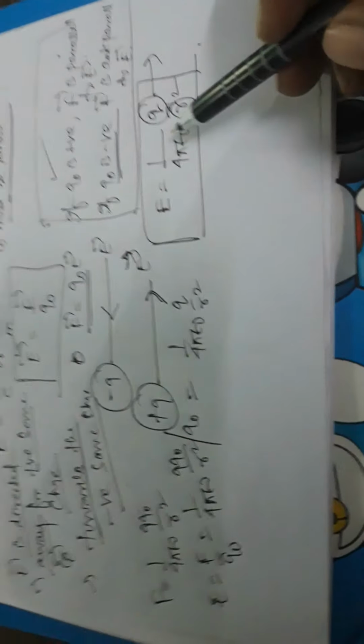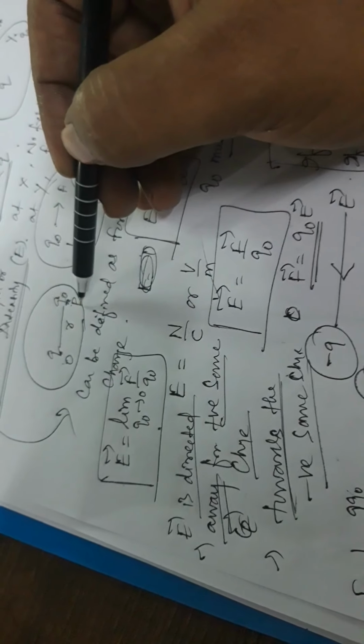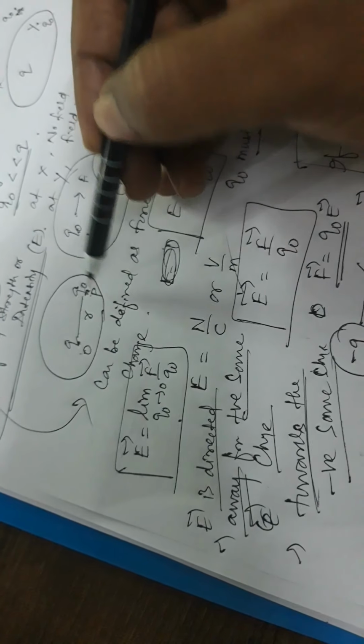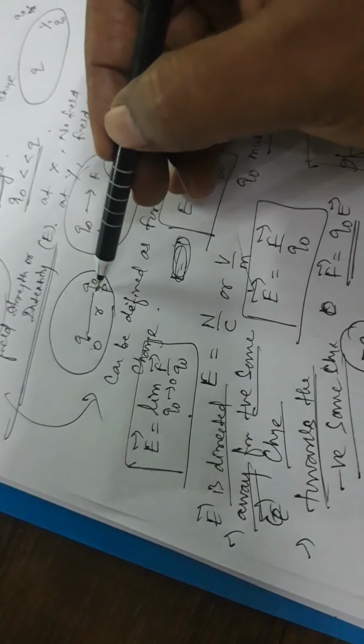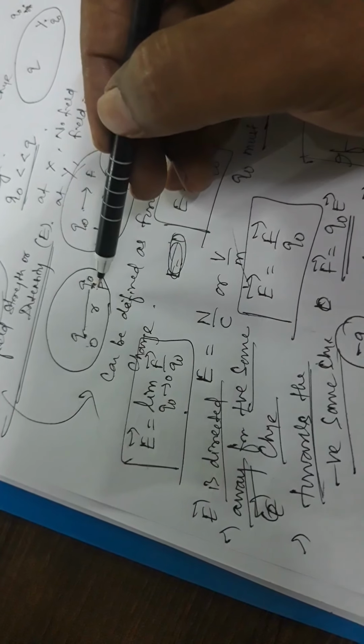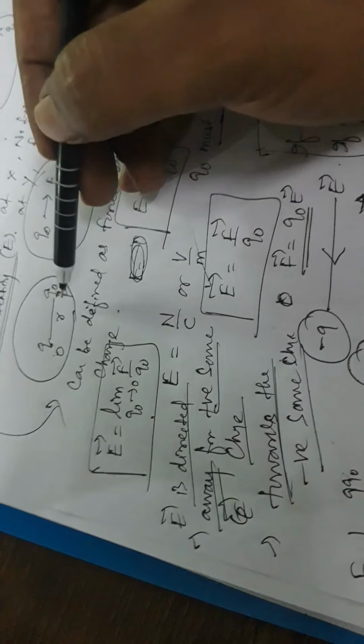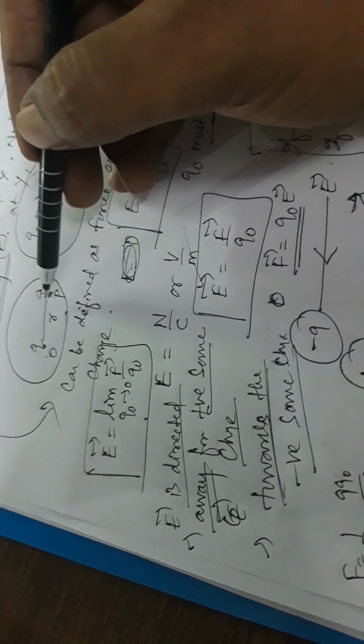When you talk about the electric field, at the location of the test charge you are finding the electric field strength. So the location of the test charge and the point of observation of the electric field strength is the same.